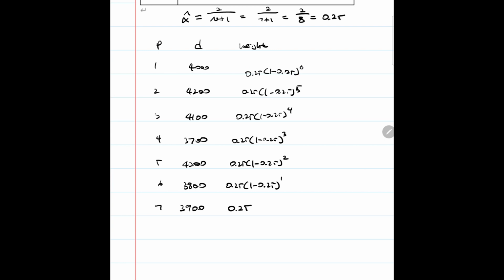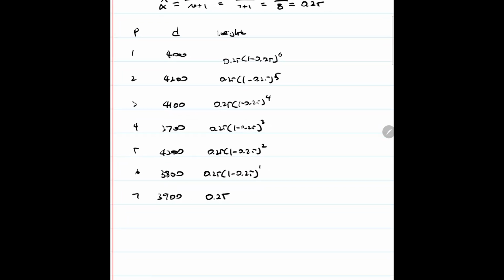So as you noticed here, the last one has to be n minus 1. If it's not, we're missing something. So this came out to be oops, I made a mistake here.